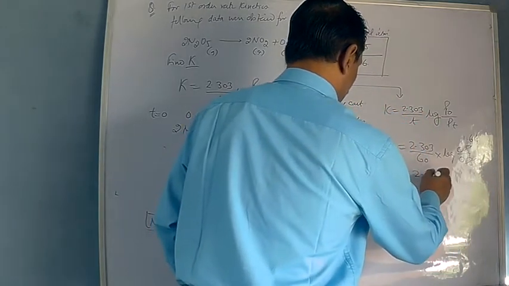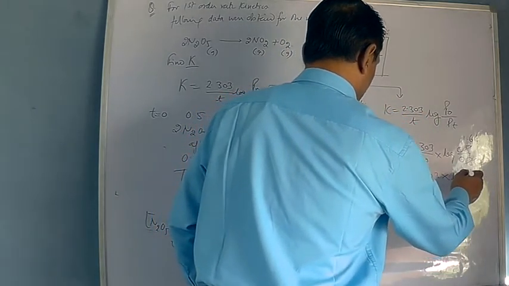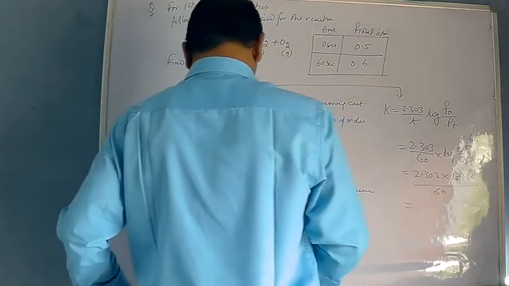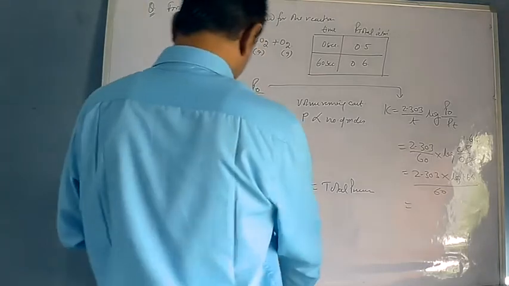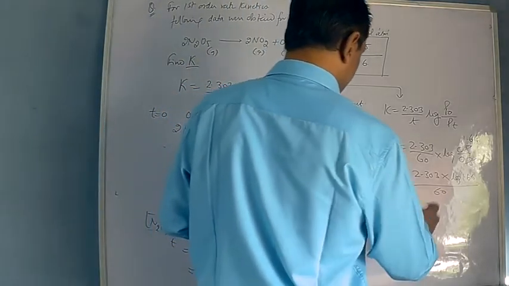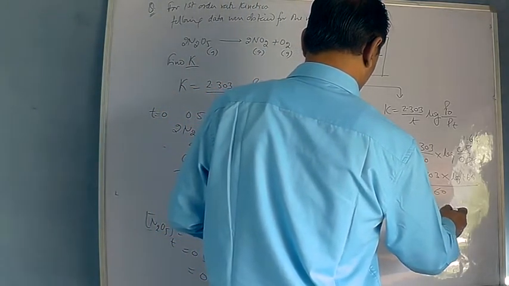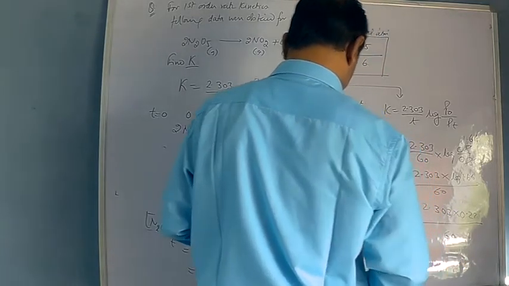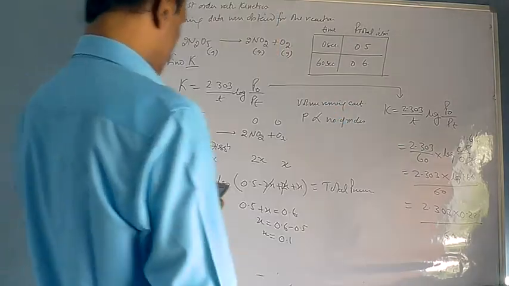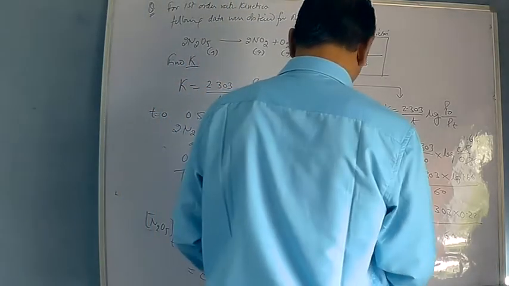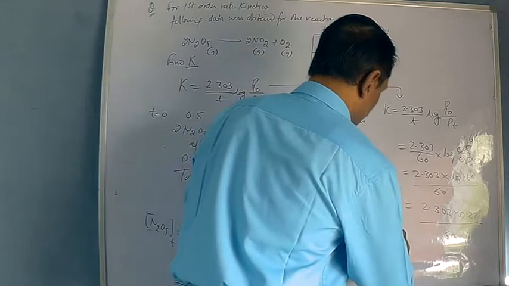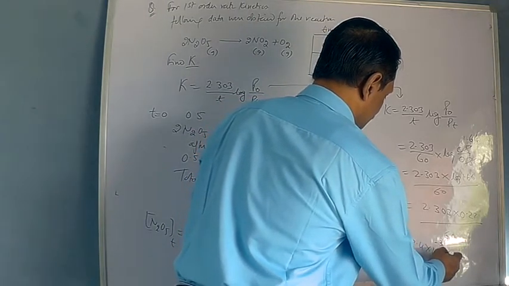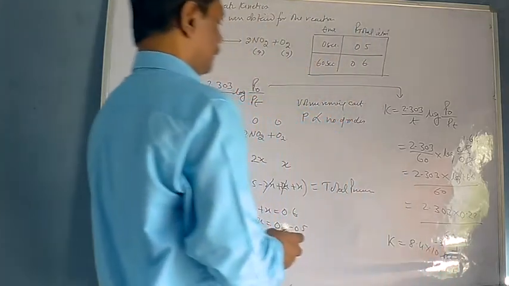So 2.303 into log 1.66 upon 60. Log 1.66 value is 0.22. So 2.303 into 0.22 divided by 60. The calculated value is 8.4 into 10 to the power minus 3 second inverse.